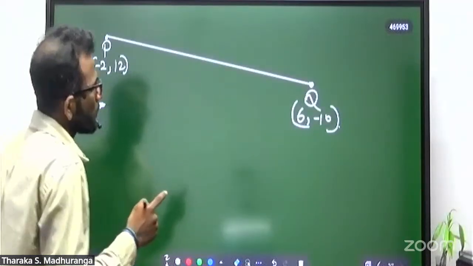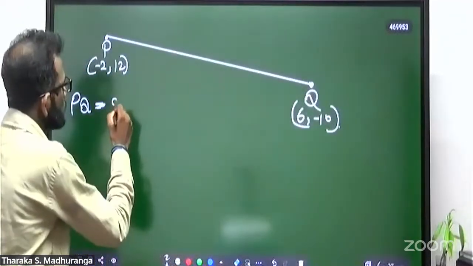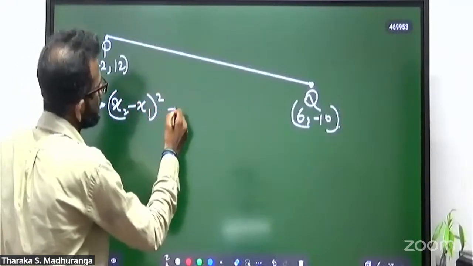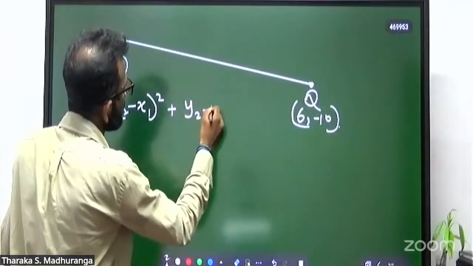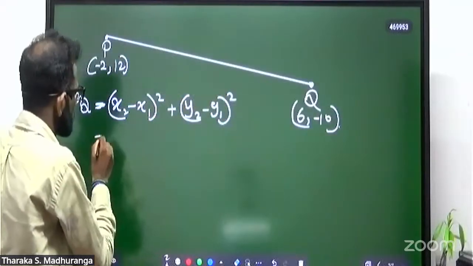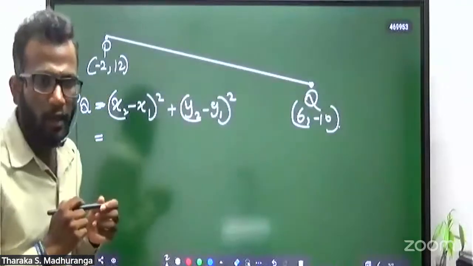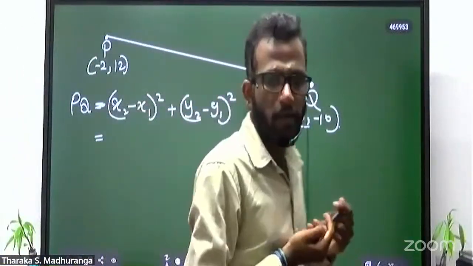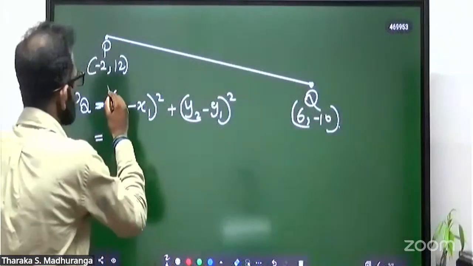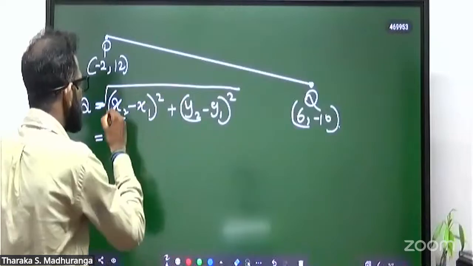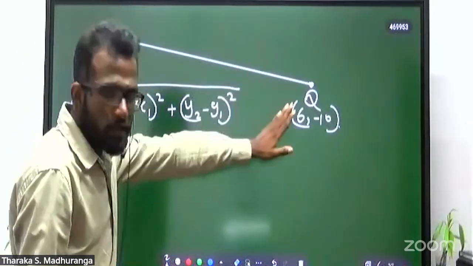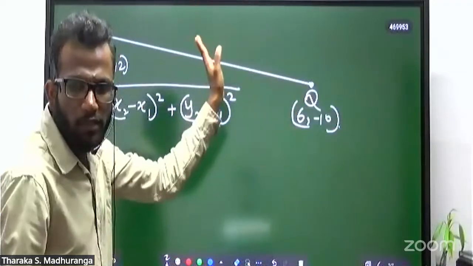Okay. What is the equation? x2 minus x1 squared plus y2 minus y1 squared, square root. The main thing you need to understand, the x2 and y2 and x1 and y1 you can't cross.